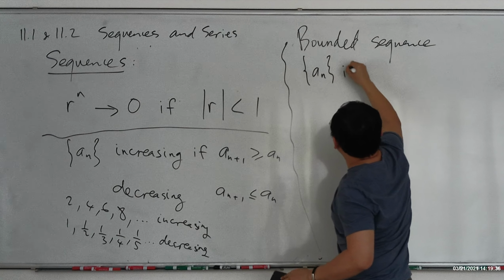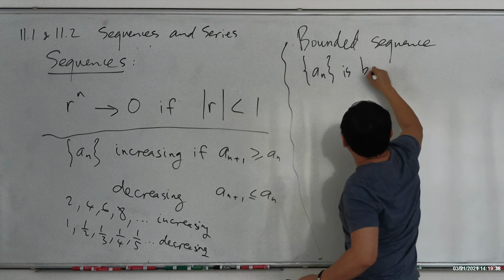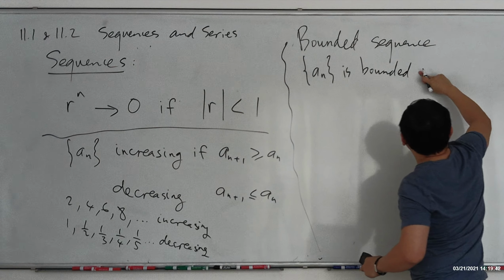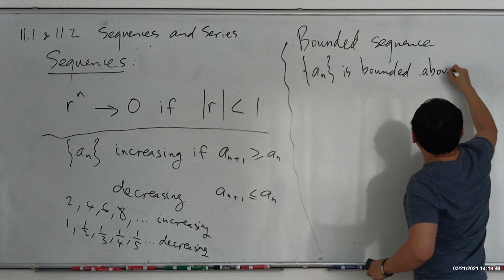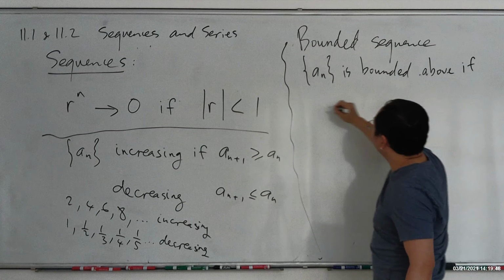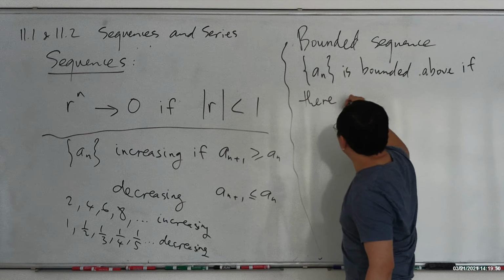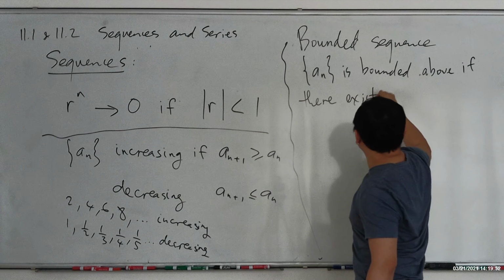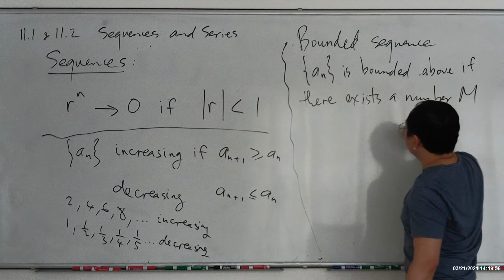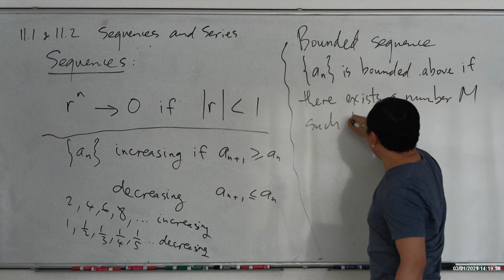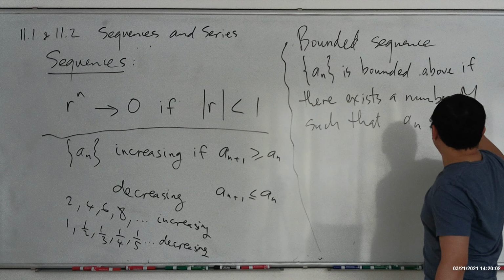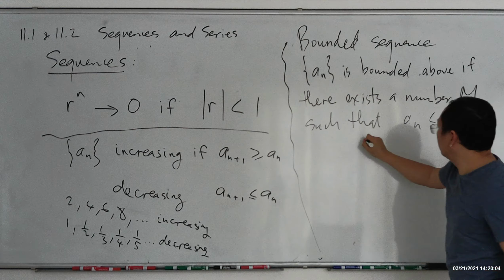An is bounded above if there exists a number big M such that an is less than or equal to M for all n.